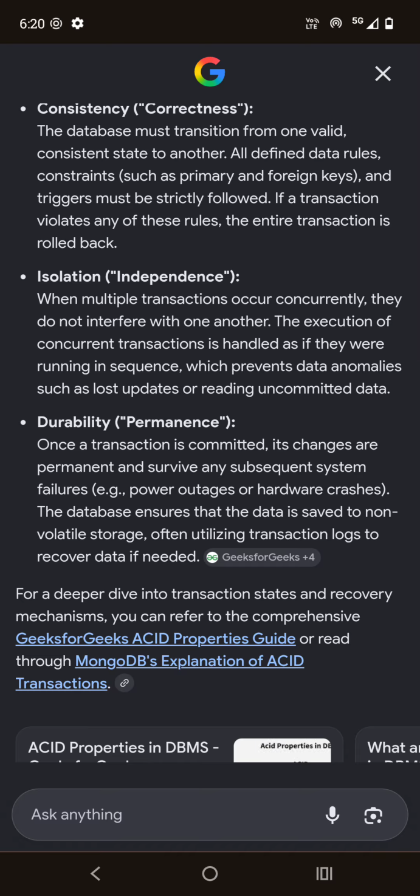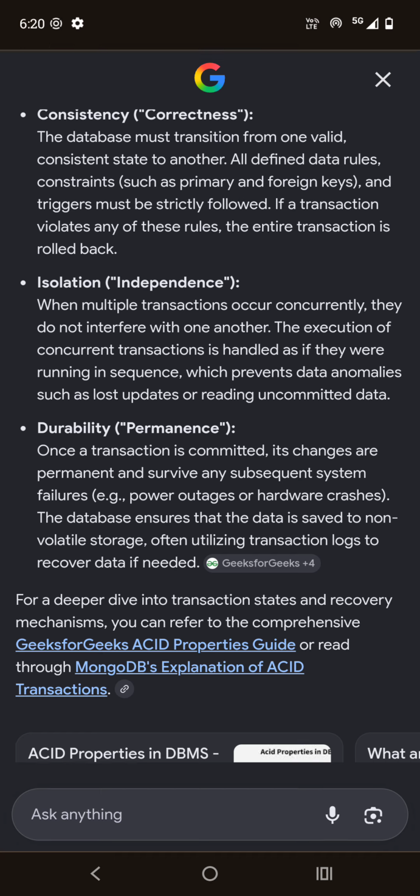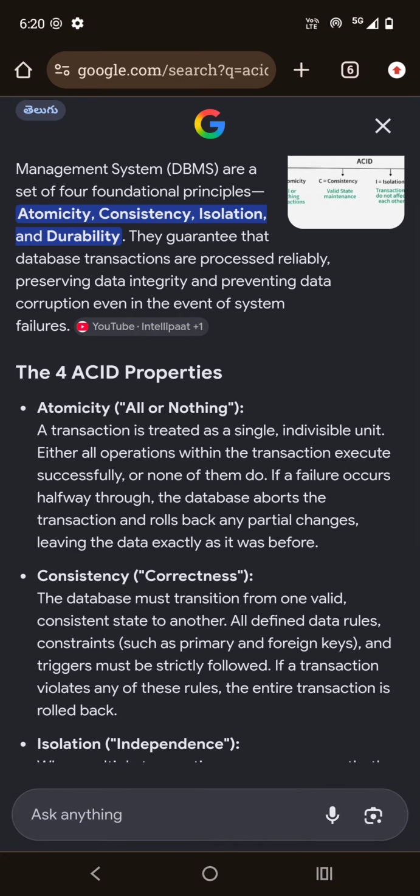Then durability. I forgot this one. Once a transaction is committed, its changes are permanent. Whenever you deposit or withdraw some amount, once the changes are made, committed and saved, they are permanent, not temporary.